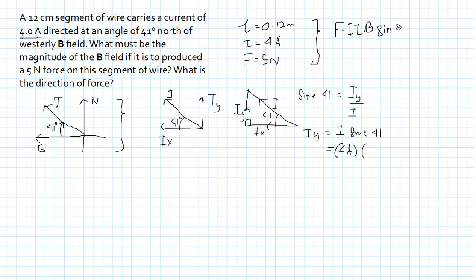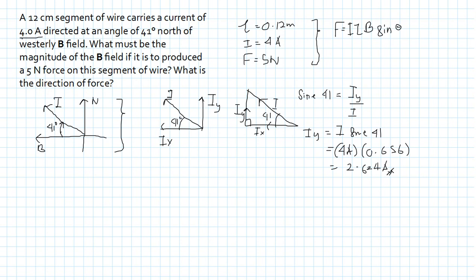Sine 41 equals 0.656, and therefore we get IY equals about 2.624 ampere. So we have our component I sine theta equal to IY. We have covered that one.